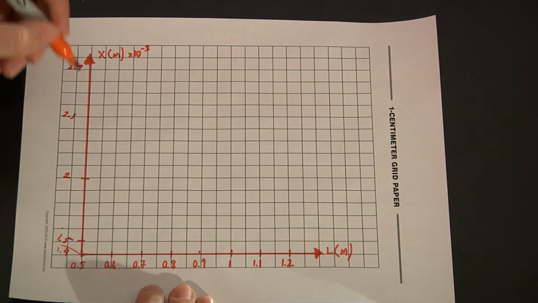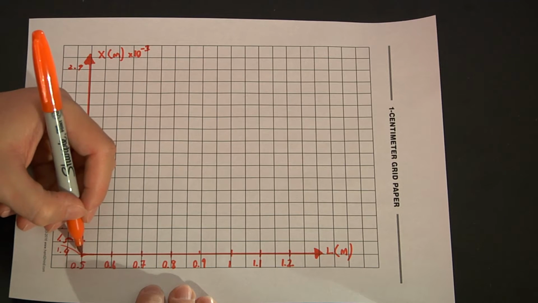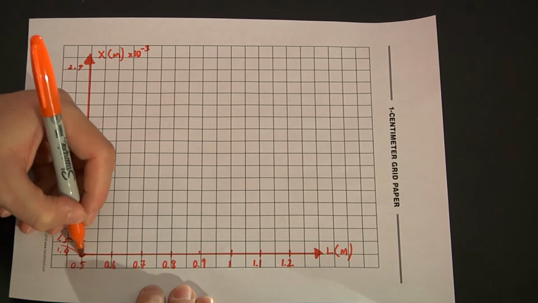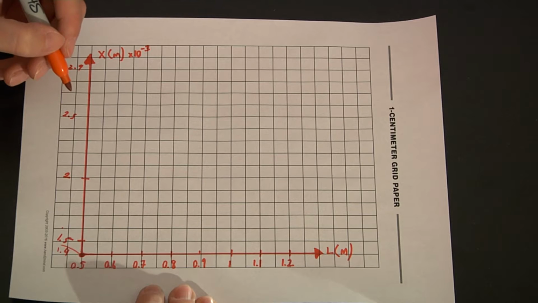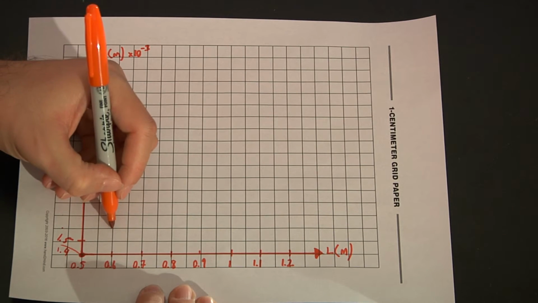Our first point is 1.4 and 0.5, which is that point. And next point is 1.6 and 0.6.